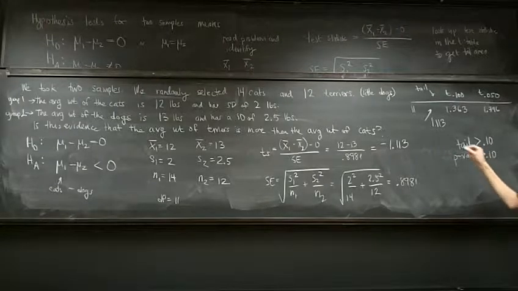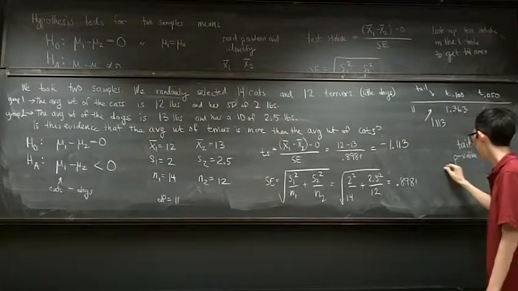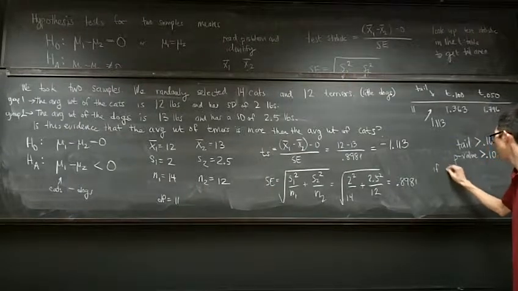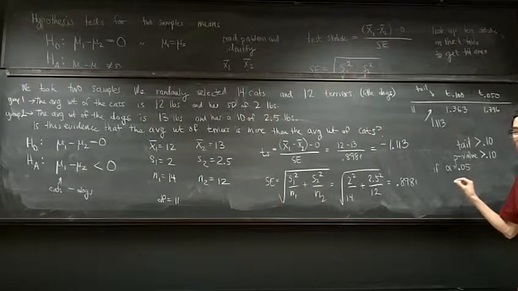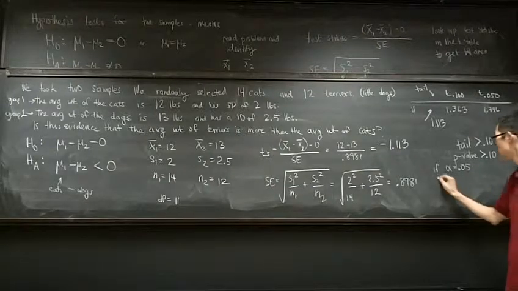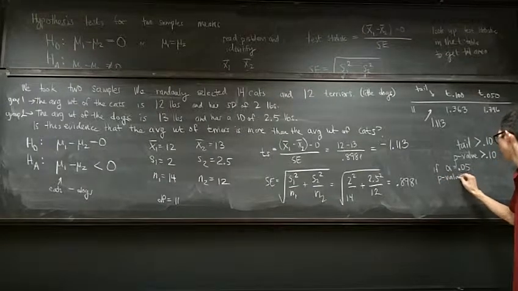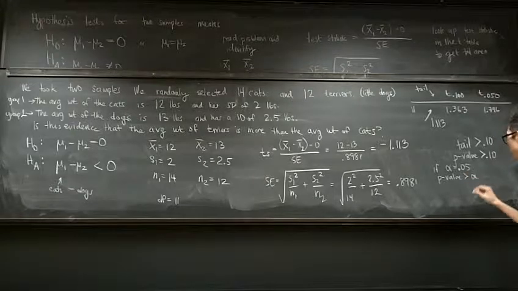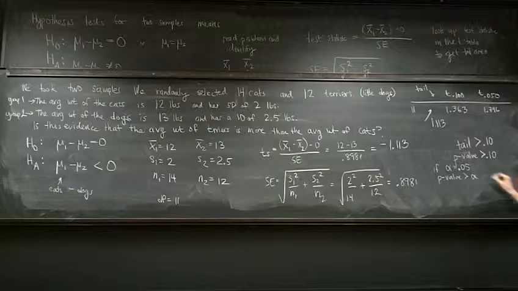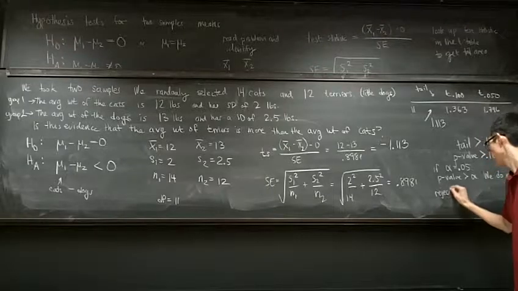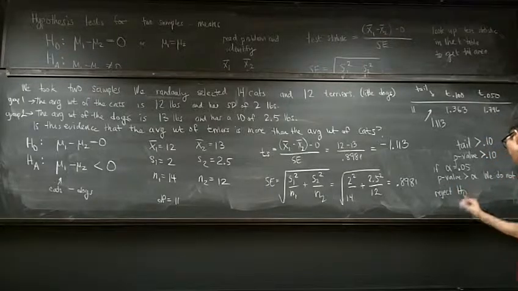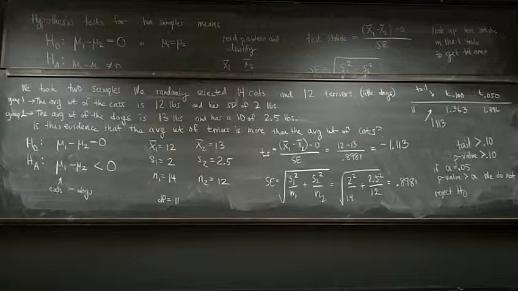Let's assume I use alpha as 5%. If alpha is 0.05, my p-value is bigger than alpha, right? So do we reject or not reject? We do not reject the null hypothesis. Now what does that mean?